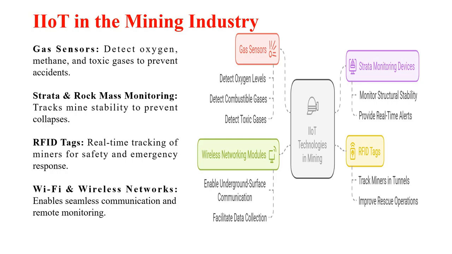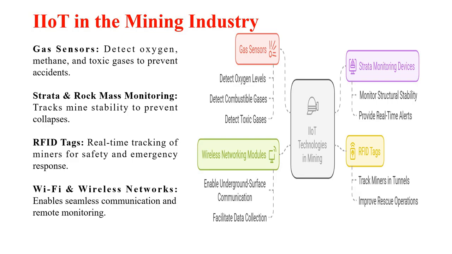explosions. Then you have strata and rock mass monitoring, where it will analyze mine stability by detecting structural changes. It will prevent cave-ins and collapses by providing real-time alerts. And RFID tags for miner tracking.